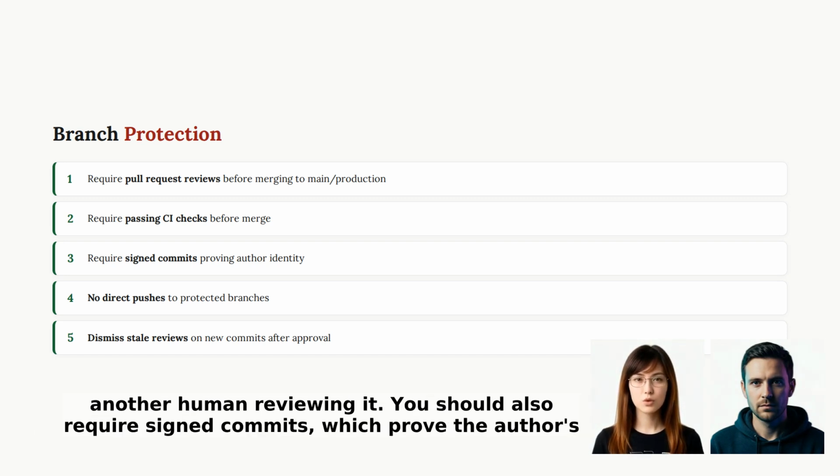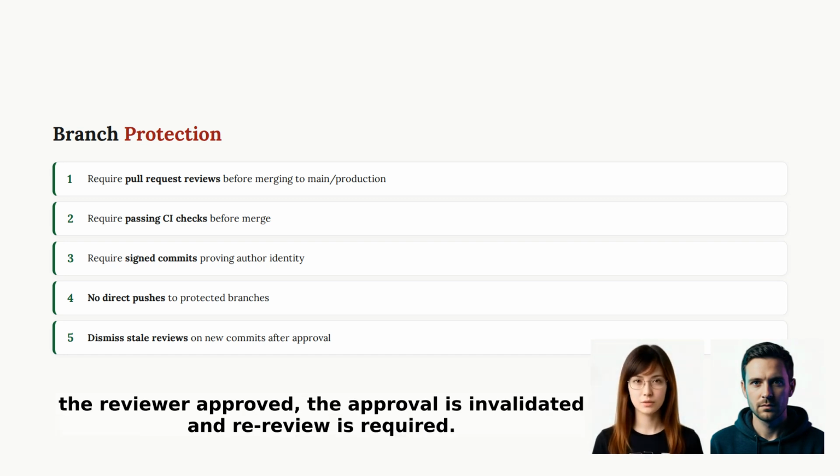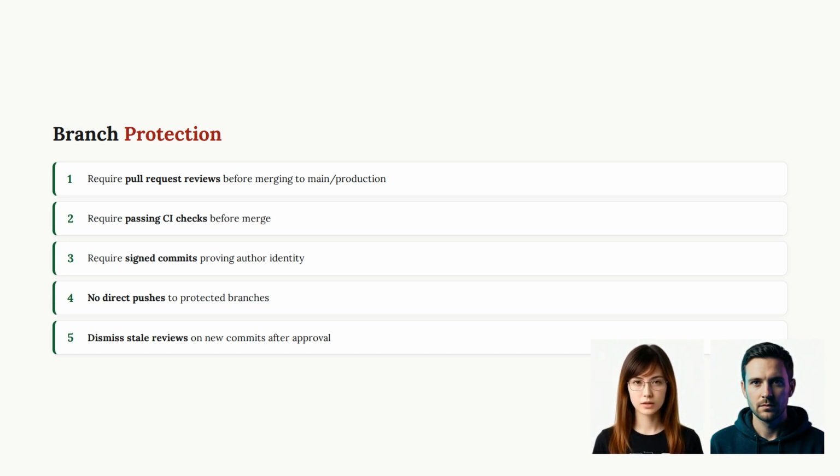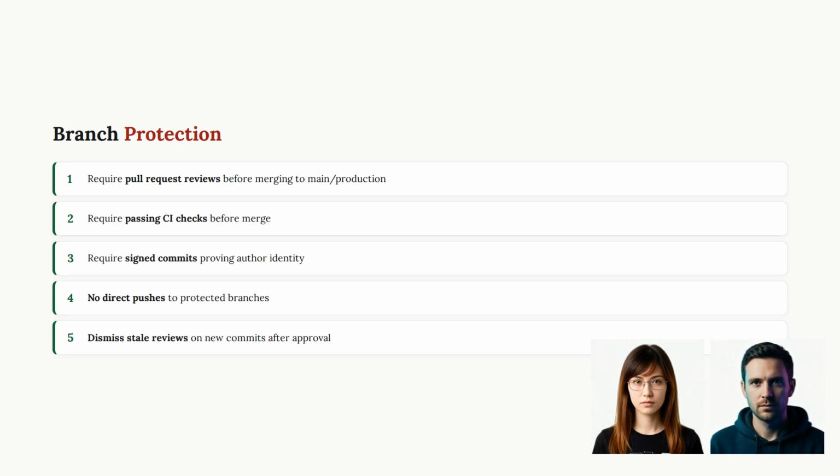You should also require signed commits, which prove the author's identity cryptographically. And dismiss stale reviews. If a developer pushes new commits after the reviewer approved, the approval is invalidated and re-review is required. Right, that stops a compromised account from slipping something in after the review.